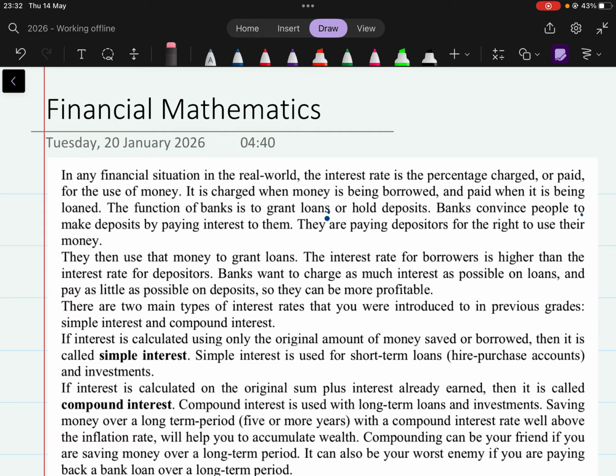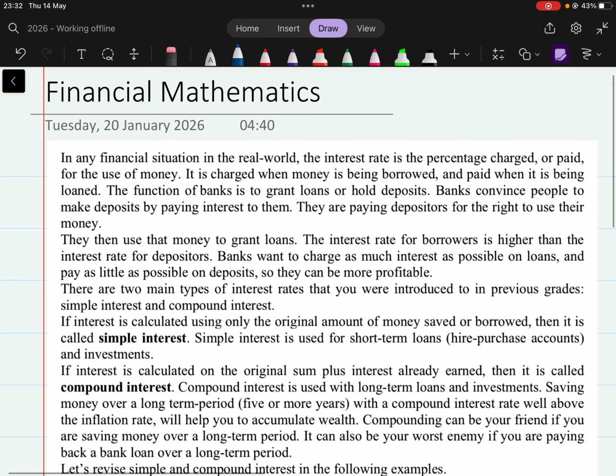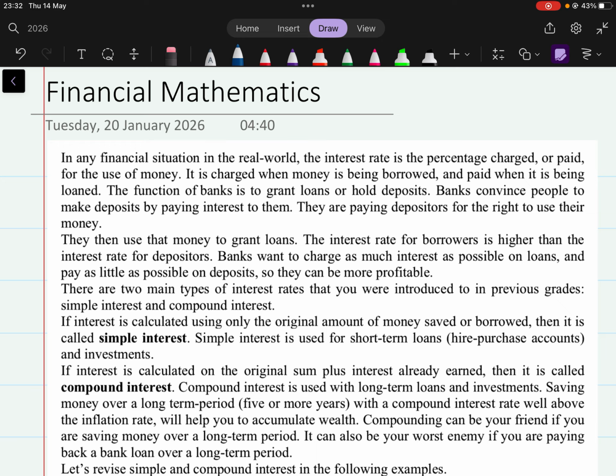So that small portion that the banks pay you when you save money in their accounts is basically them saying, because we have given you something, we now have the right to use your money. And if they are making more, you can't come and complain, because you have given them your money and they are paying you for that. So they then use that money to grant loans.